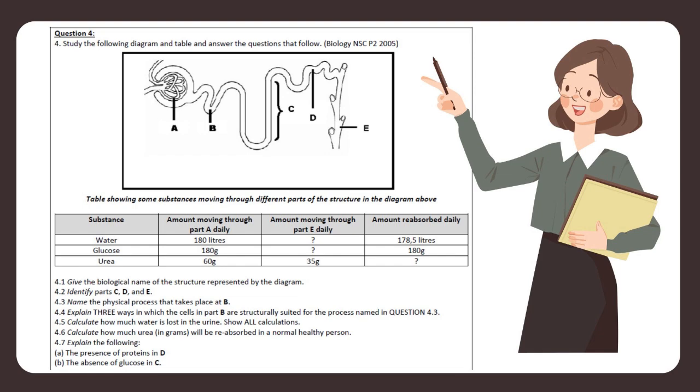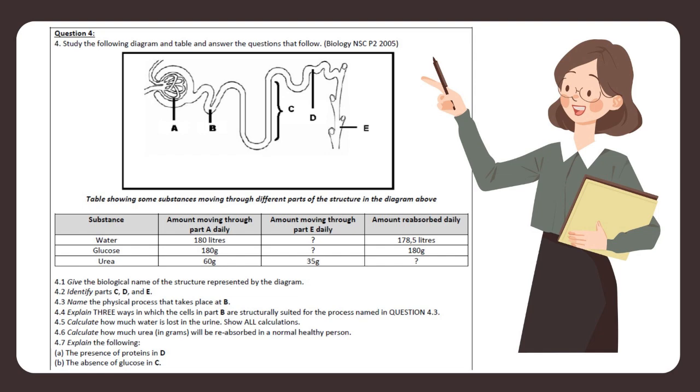4.1 Give the biological name of the structure represented by the diagram. 4.2 Identify parts C, D, and E. 4.3 Name the physical process that takes place at B. 4.4 Explain 3 ways in which the cells in part B are structurally suited for the process named in question 4.3. 4.5 Calculate how much water is lost in the urine.